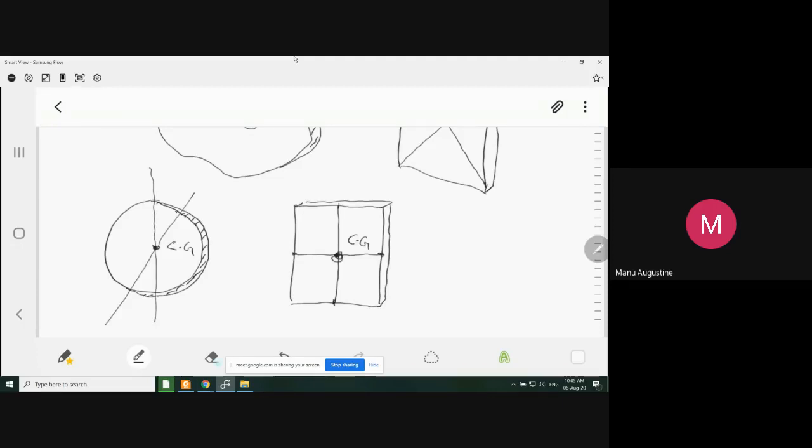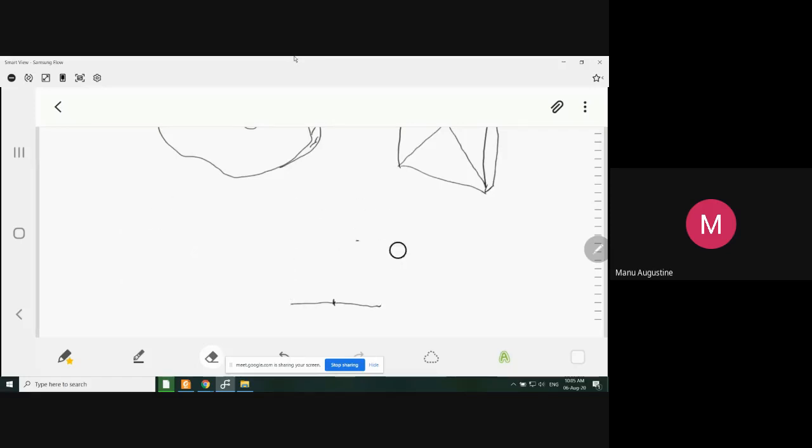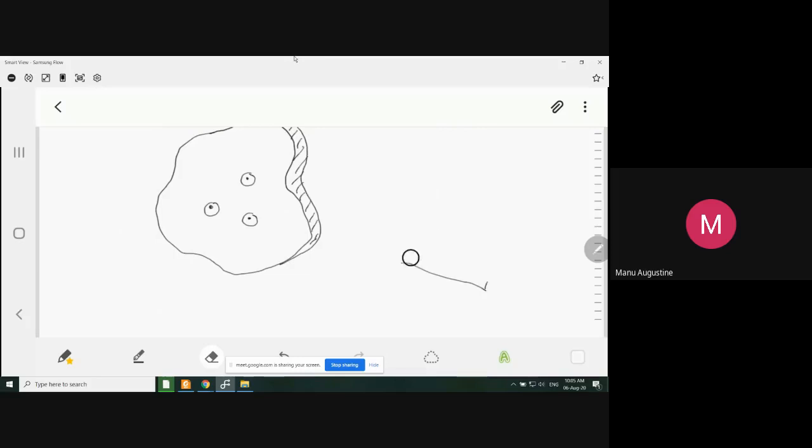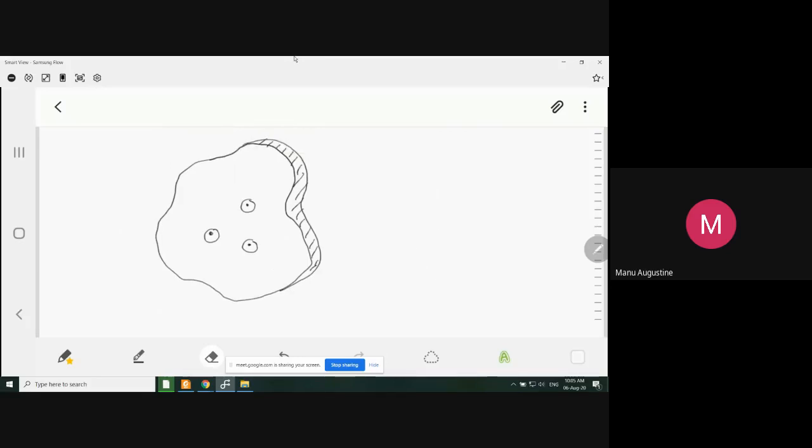But the task at hand is not to find the center of gravity of easy objects like rectangles and circles. You have been given a very complicated shape, and now you have to identify the center of gravity. See, this is how you do it. You don't know where the CG lies.